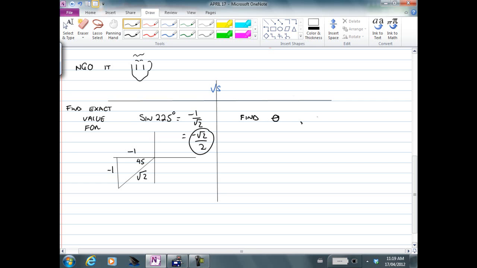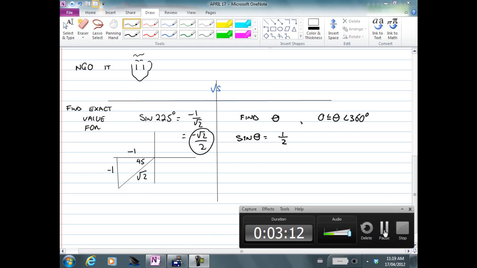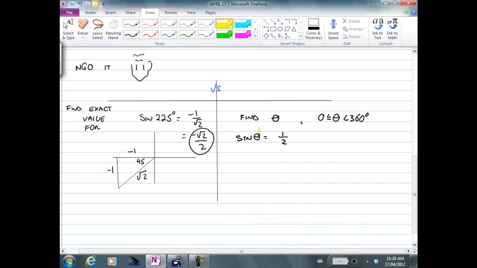And I'm going to give you a restriction from 0 to 360 degrees only, for sine theta equals 1/2. There's a question like this in your homework. I didn't really show you how to do it. I want to see how many of you can figure out what to do without any help. I'm going to ask you to write a few things down. Highlight theta.